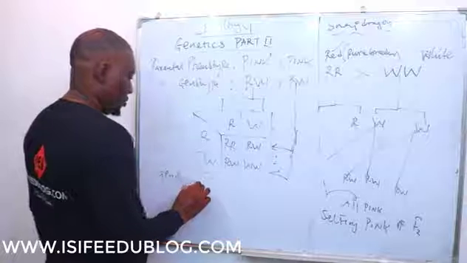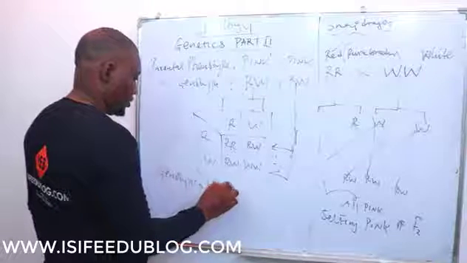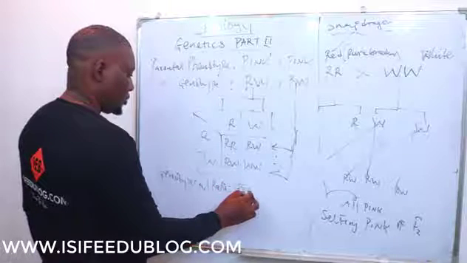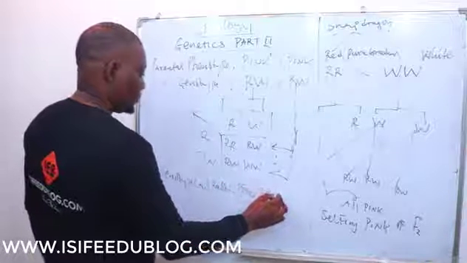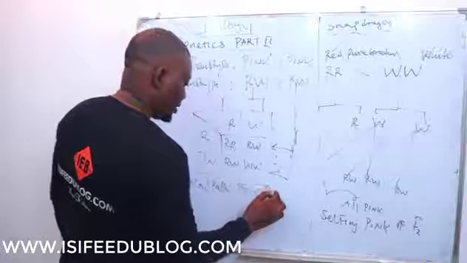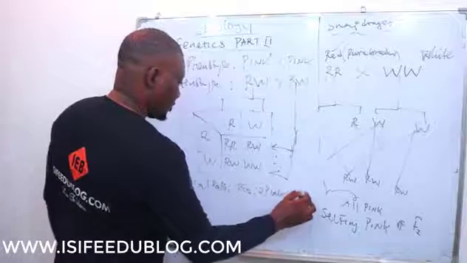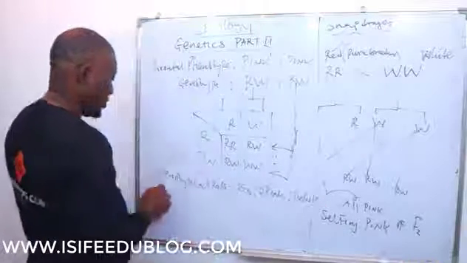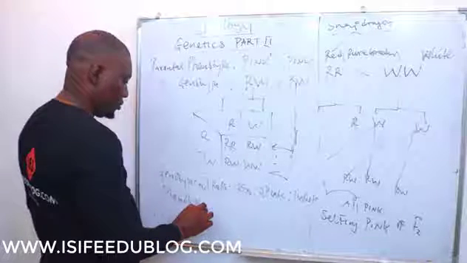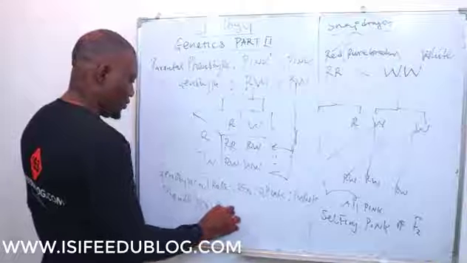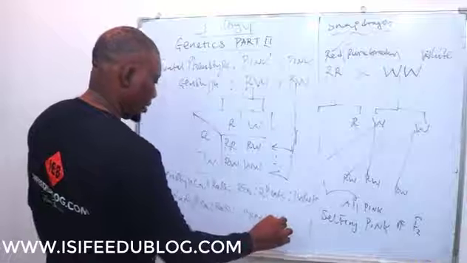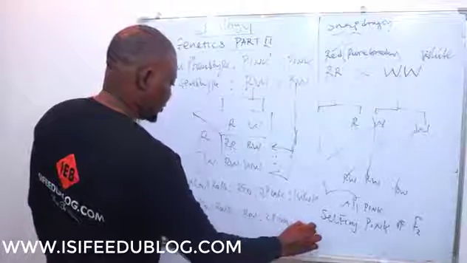So here the genotypical ratio, that's our outcome in terms of genotype, is 1 red to 2 pink to 1 white. And the phenotypical ratio also appeared to be the same: 1 red to 2 pink to 1 white.